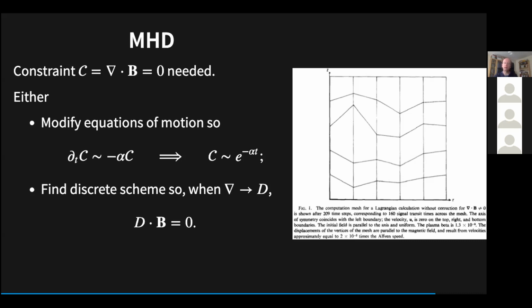Now, there's essentially 2 types of approach for forcing the constraint to be 0 or avoiding the problems with the constraint. The first one is to introduce the constraint div B essentially as an independent variable, and then to add multiples of this constraint to the equations of motion.